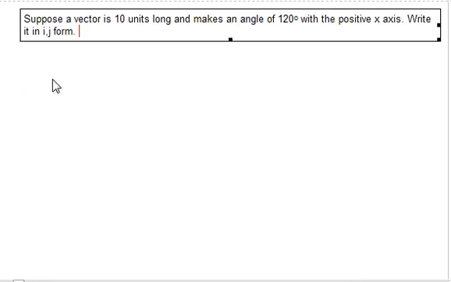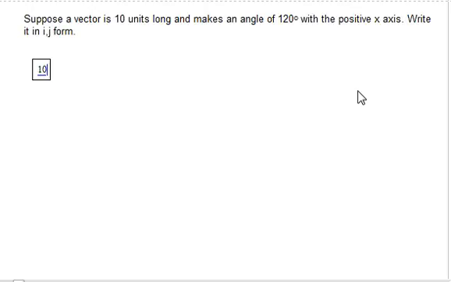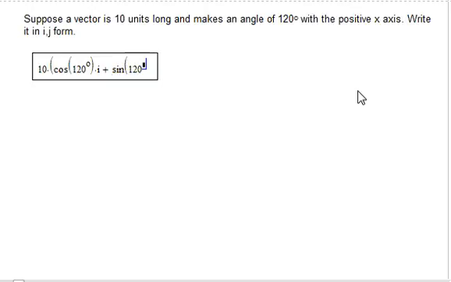So, manipulation-wise, it's 10 times cosine of 120 degrees times i plus sine of 120 degrees times j.